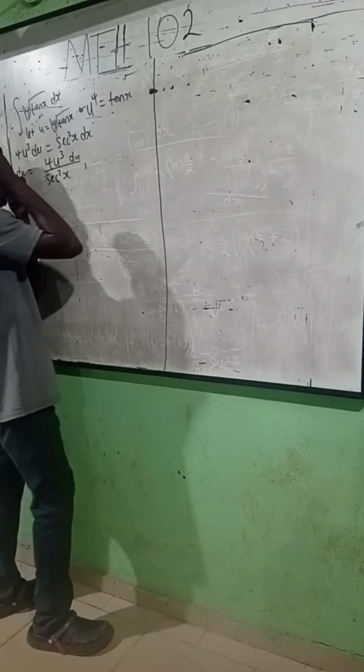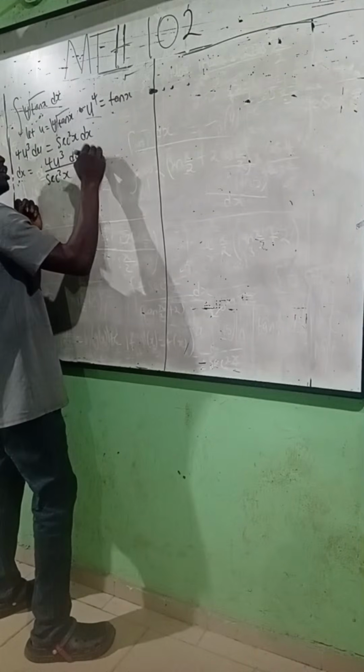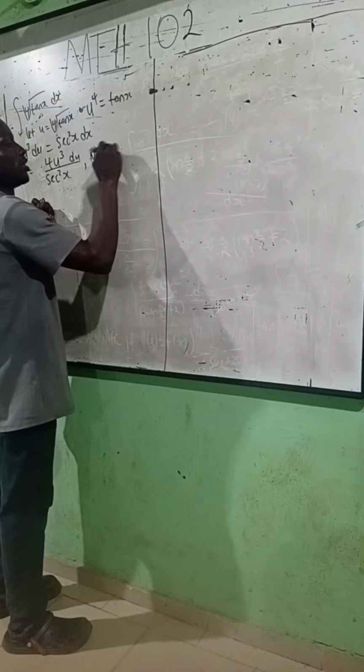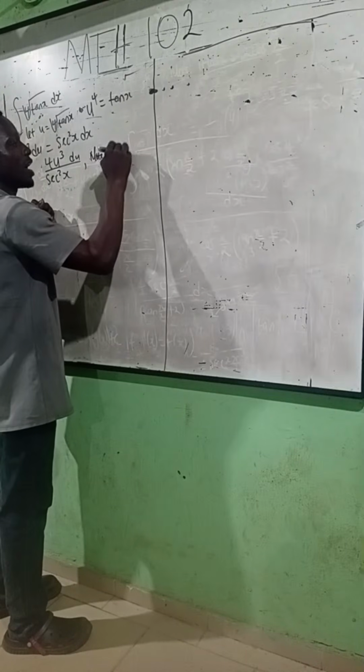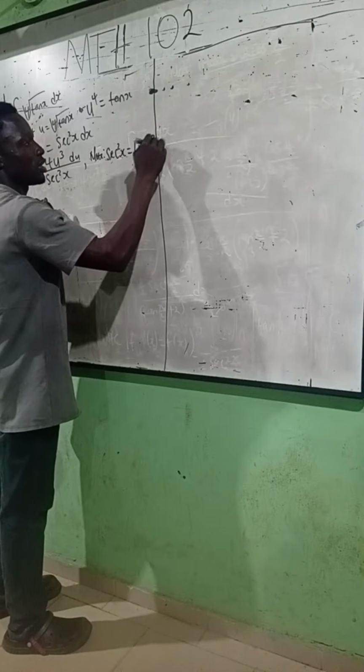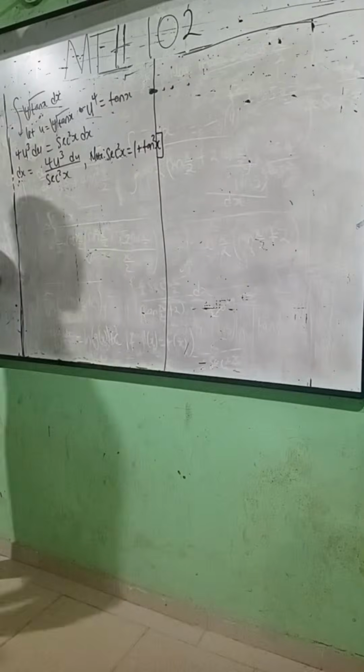Note that sec square x equals 1 plus tan square x, right?